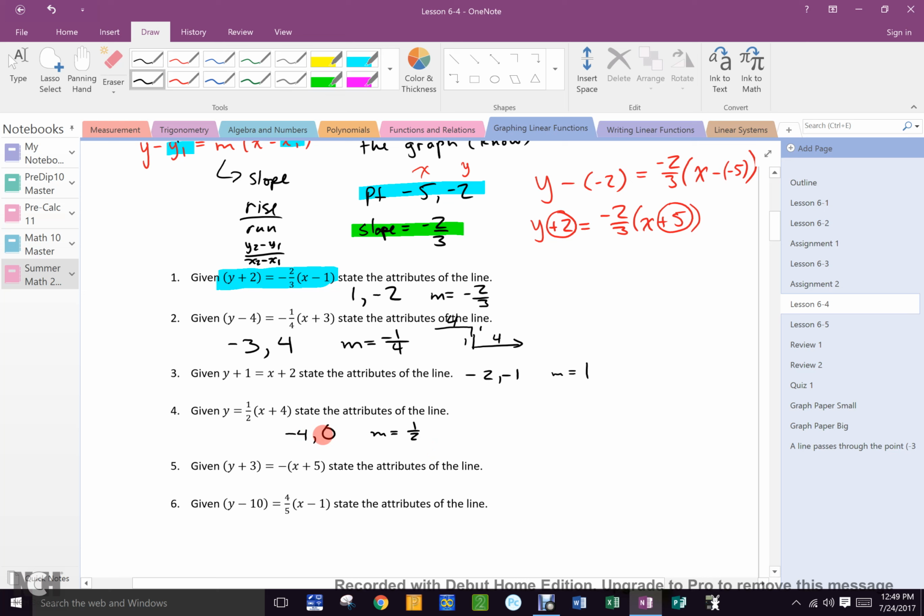Uh-oh, what about 5? What's my starting point? Negative 5. Negative 3, and my slope is? Negative 1. And what's the last one? 1, 10, 4/5. Can everybody read the equation?